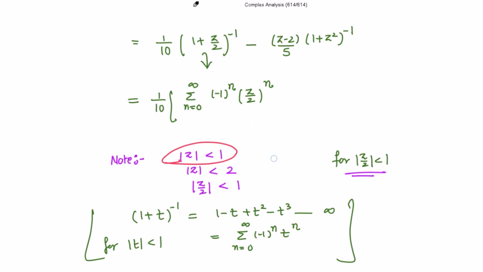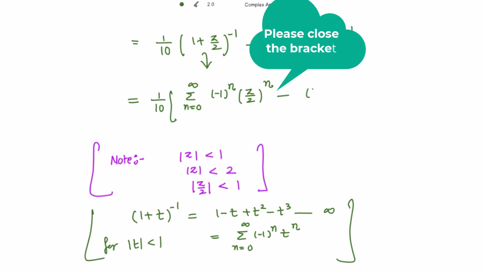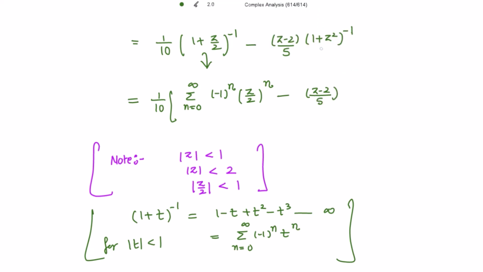It is very important. Then minus z minus 2 divided by 5, we need to expand this. Now here t is equal to z square. If I expand 1 plus t to the power negative 1, taking t to be z square, we can again have this expansion and again this summation.